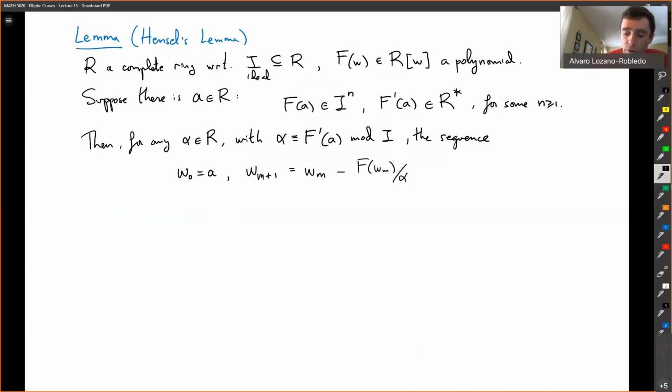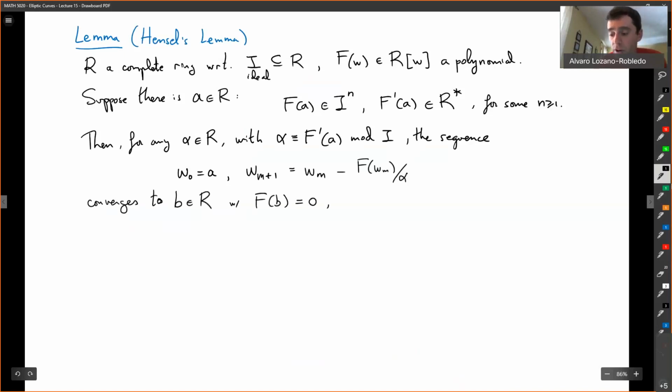And this sequence converges to an element B in R with f of B equal to 0.